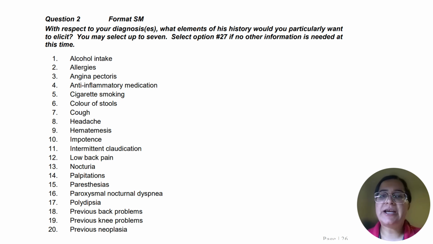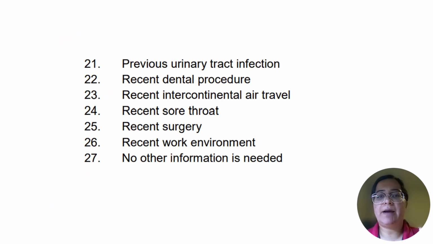With respect to your diagnosis, what elements in the history would you want to elicit? If they say up to 7, stick to 7. And obviously we all agree that no other information needed is not the answer. We do need to know whether the patient has traveled recently or not. Is the patient on any anticoagulant therapy or not? Has the patient undergone any surgical procedure or not?